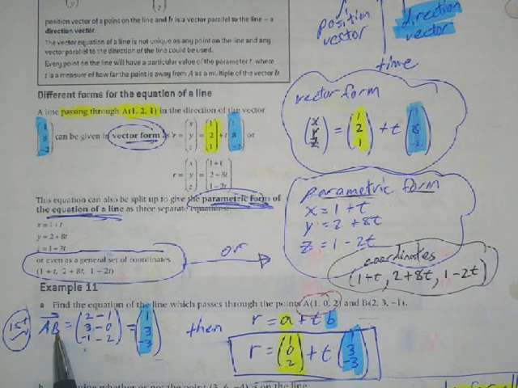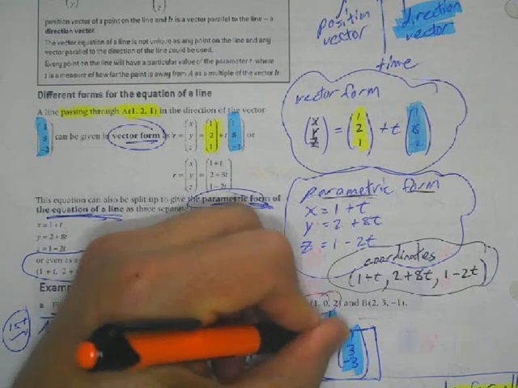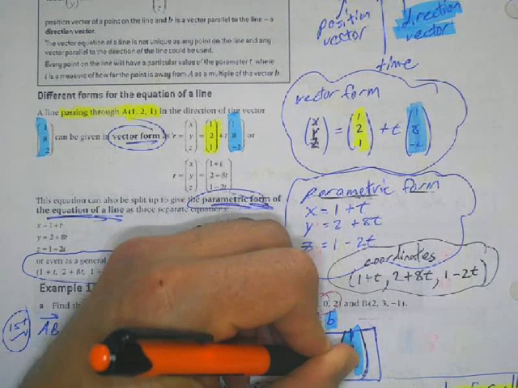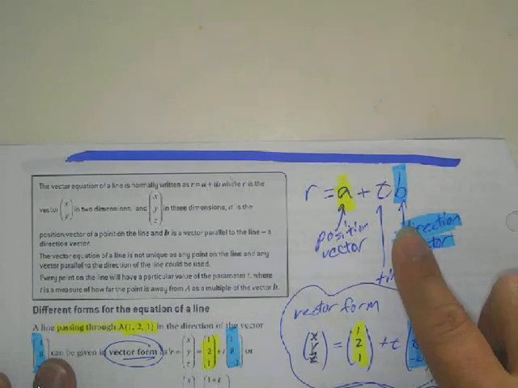So I take my B values of 2, 3, -1, minus my A values of 1, 0, 2, and then I can figure out my direction is 1, 3, -3. And I'm going to put that direction right there, 1, 3, -3, because we're using this formula, and that's my direction.